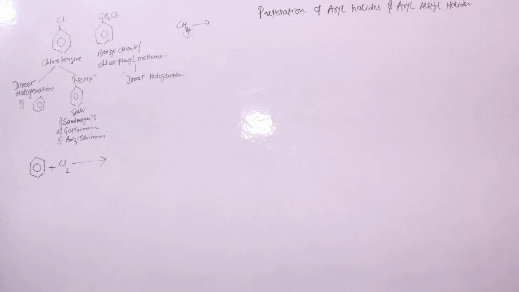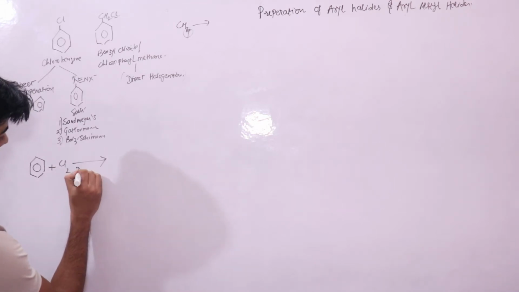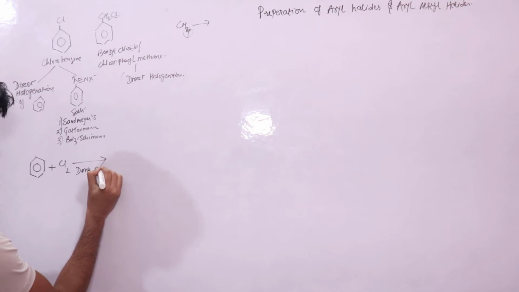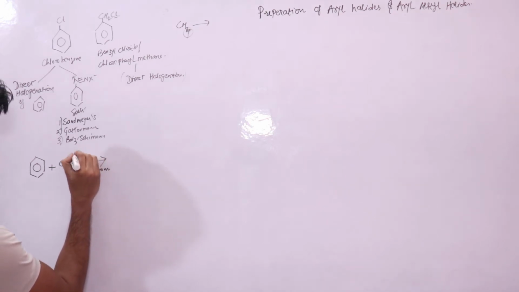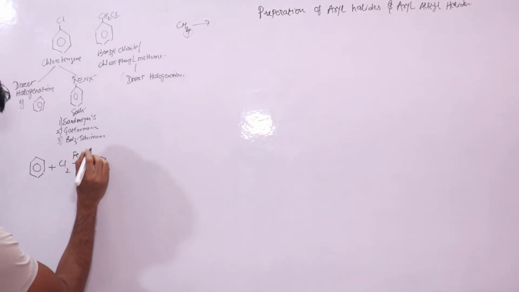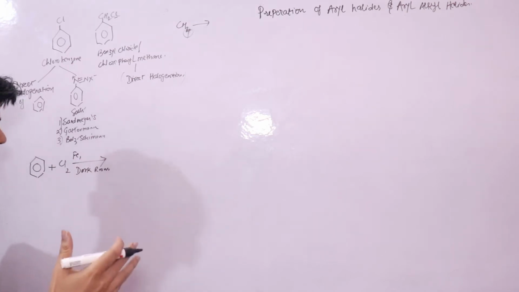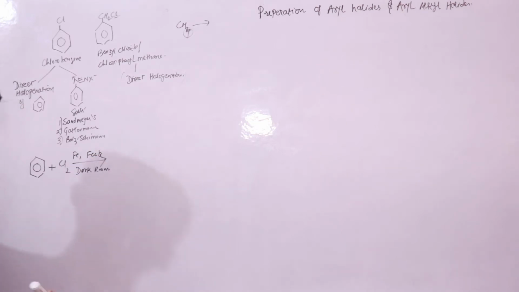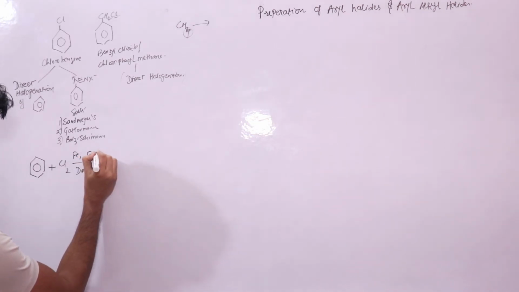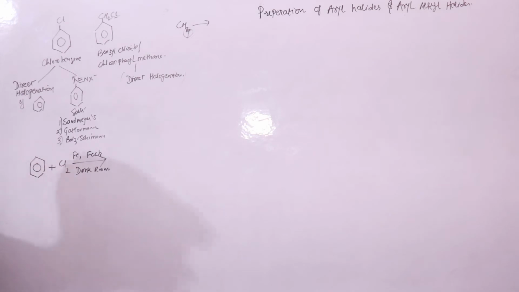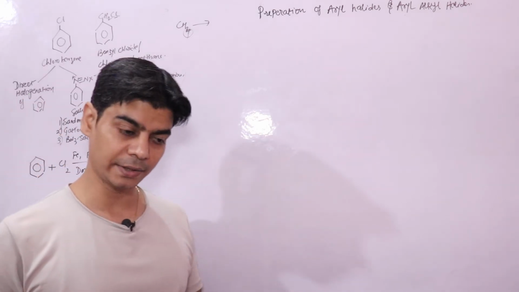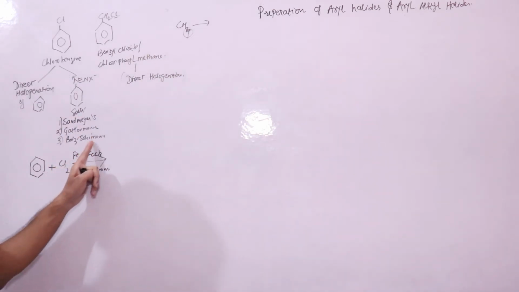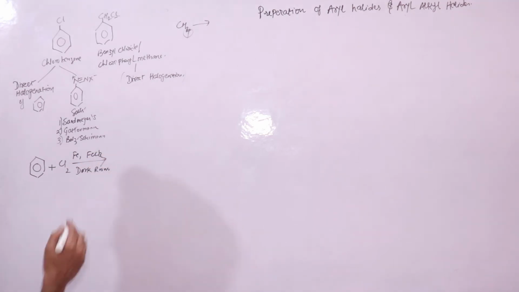This reaction is done in presence of a halogen carrier, very important. This is done in a dark room, no light. As a halogen carrier, you can use FeCl3 directly, but mostly what is done is we use iron filings. Iron reacts with chlorine to form ferric chloride, which is a halogen carrier.